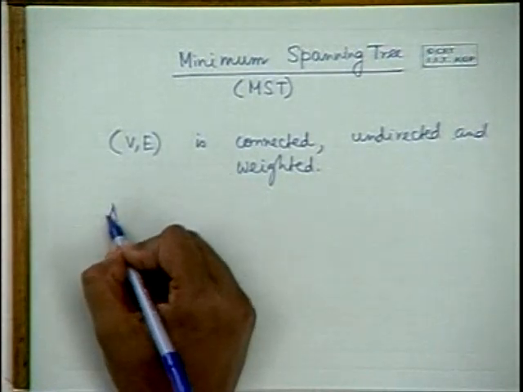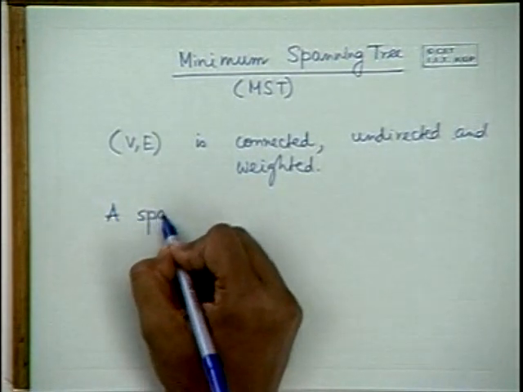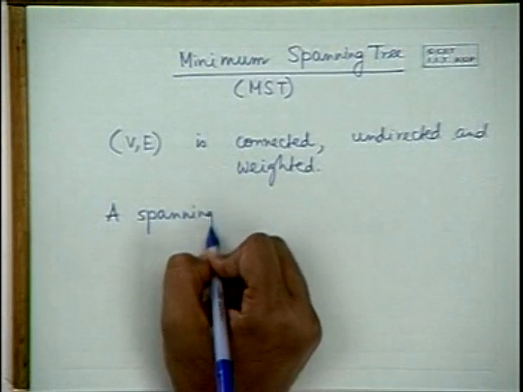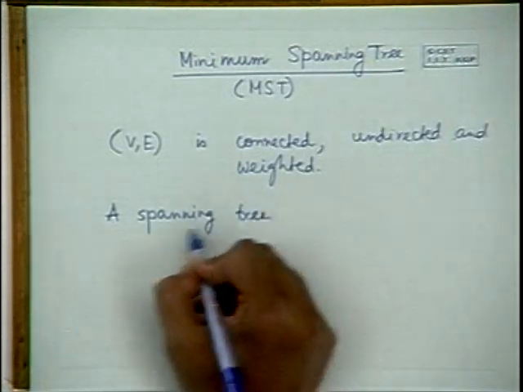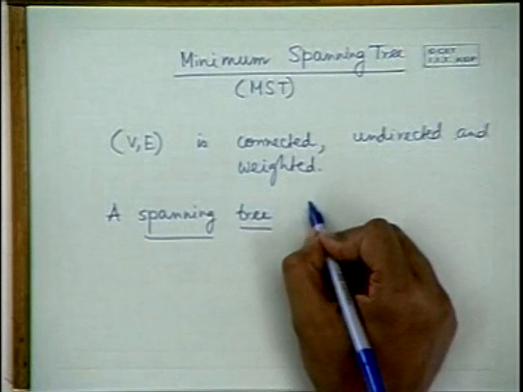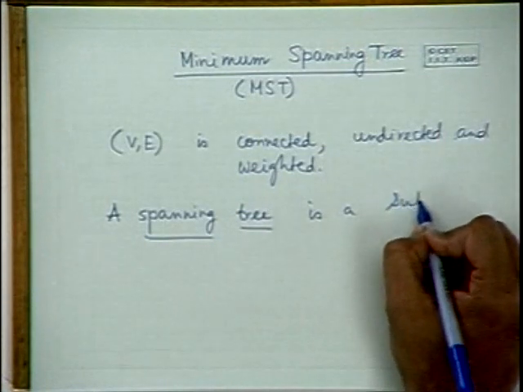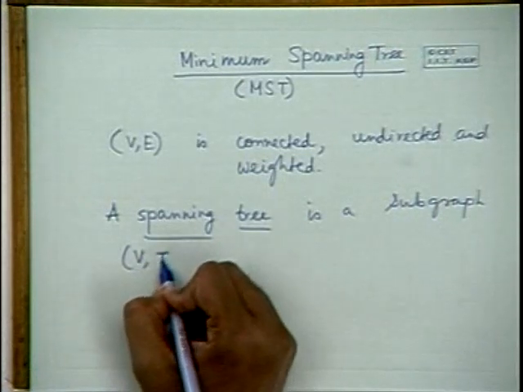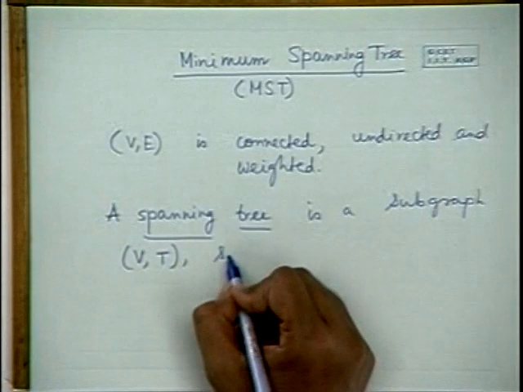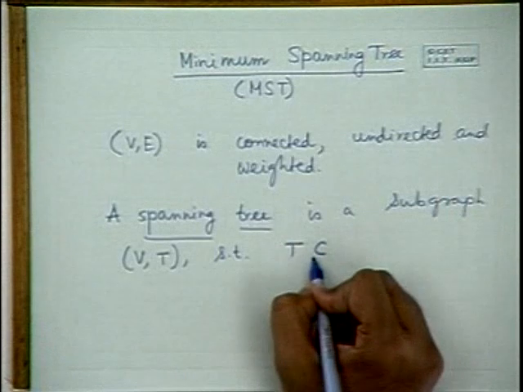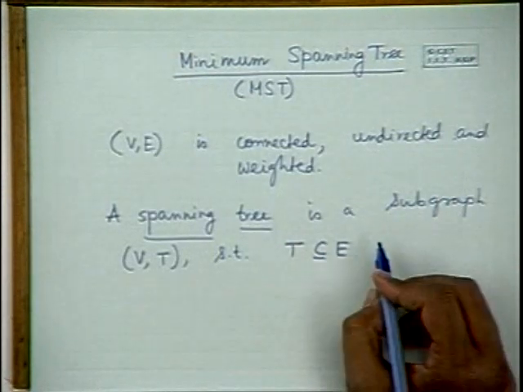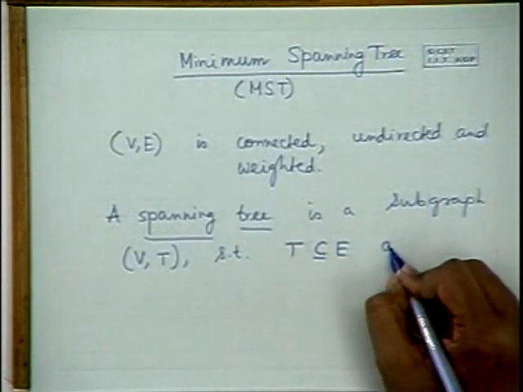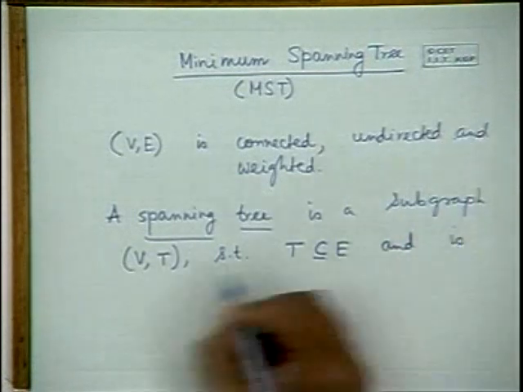What is the spanning tree of the graph? A spanning tree is a subgraph (V, T) such that T is a subset of E and is cycle free.